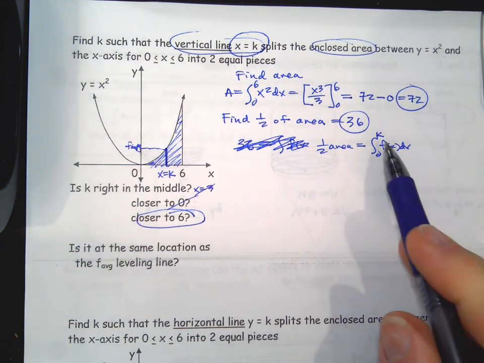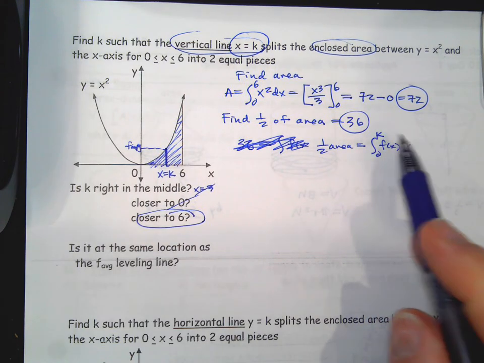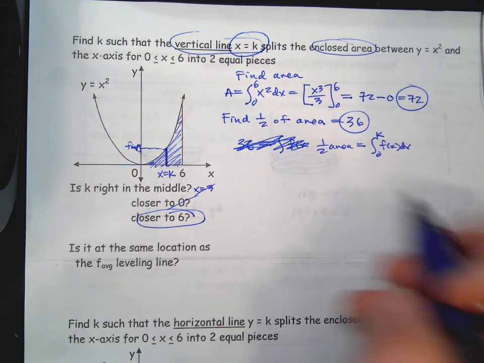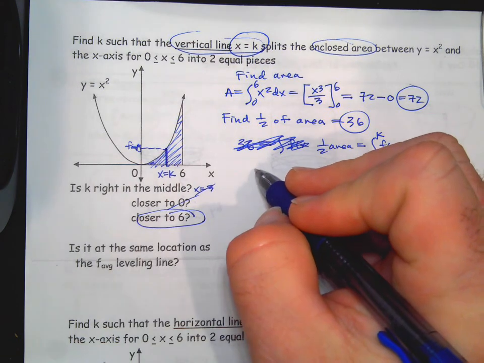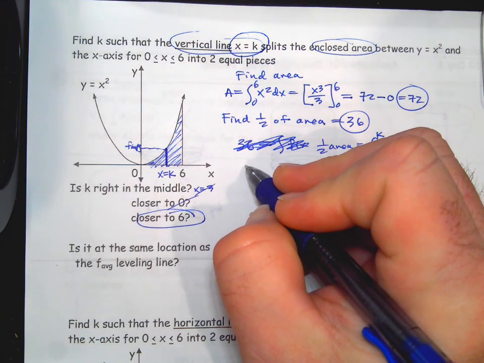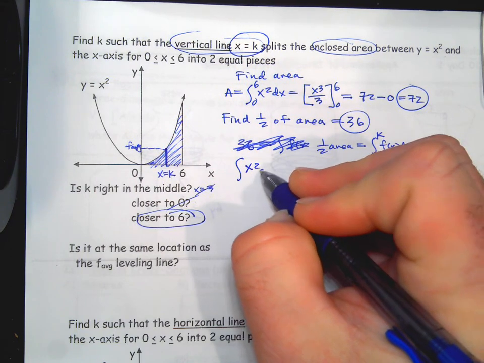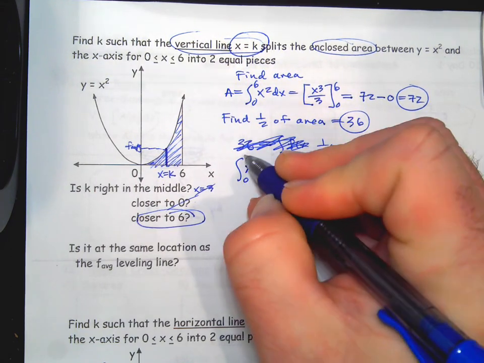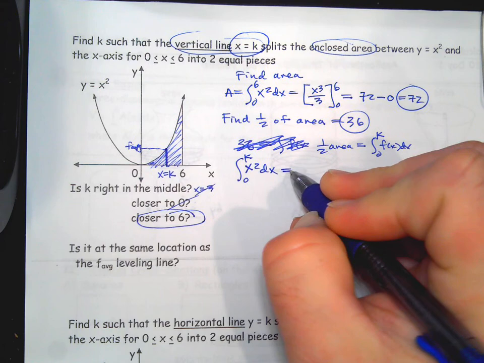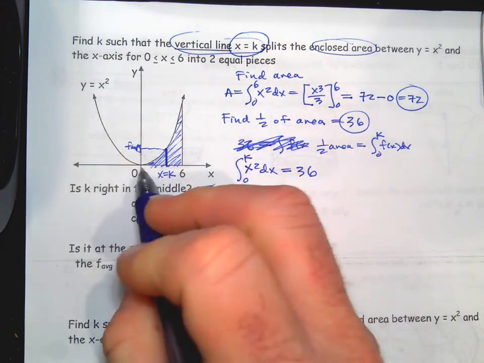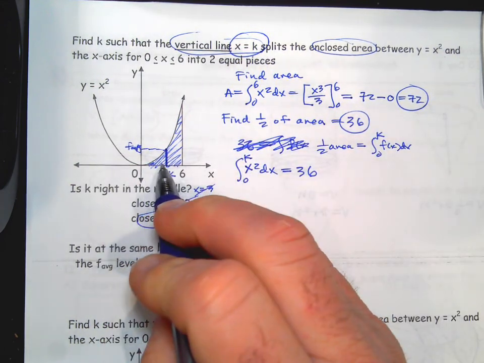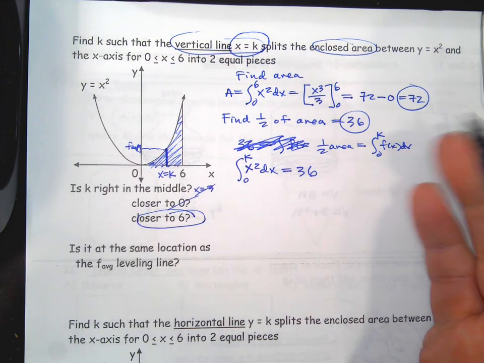So we can actually put variables that we're trying to find in the limits. So in this case, we'll integrate x squared dx from 0 to k, and it should give us 36. So we're trying to figure out, well, how far do we integrate? We're going to integrate until we get to a value that gives us 36.